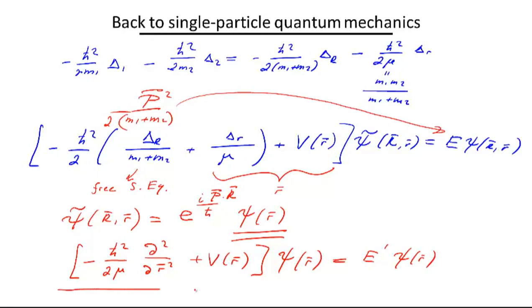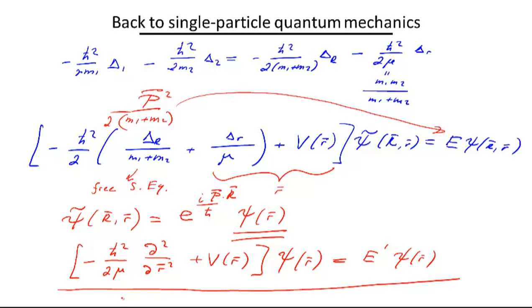Okay, and this, as you can see, looks like a single particle Schrödinger equation. So it depends only on the wave function, depends only on one coordinate. Everything else is exactly the same. The only difference is that here I'm dealing with some reduced mass.